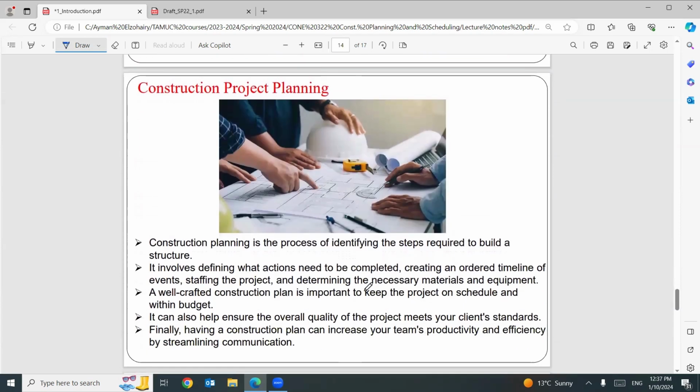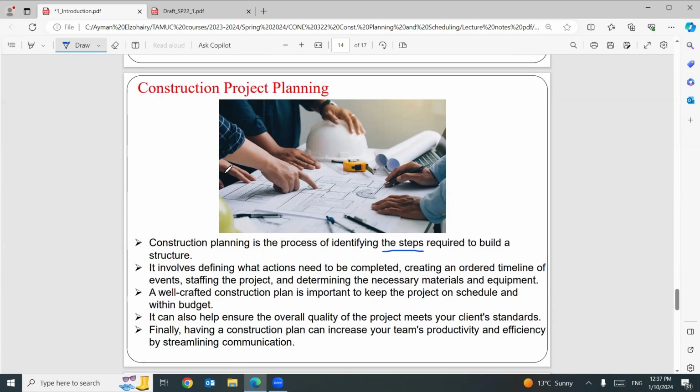To be more specific, what is the meaning of construction project planning? Construction planning is the process of identifying the steps. So, okay, we have a project. We would like to construct this project. So right now we are planning. So what is the meaning of planning?